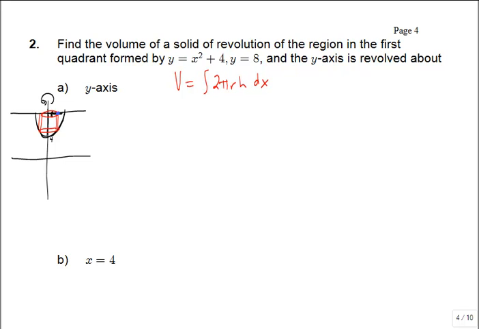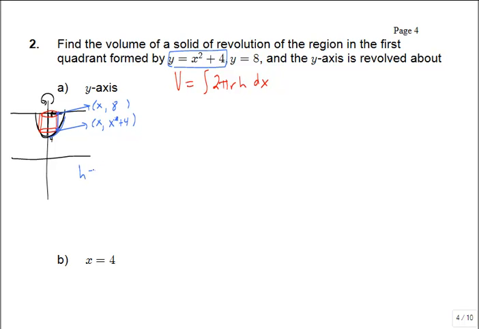That's going to be determined by these 2 points and this vertical distance here. So let's find these 2 coordinates. They share the same x value. The upper point is on that line y equals 8, so its y coordinate is always 8. The bottom point is on our curve, and the curve is y equals x squared plus 4, and that formula is already in terms of x, so I can just use x squared plus 4 for that y value.